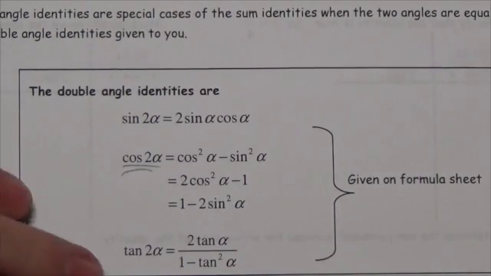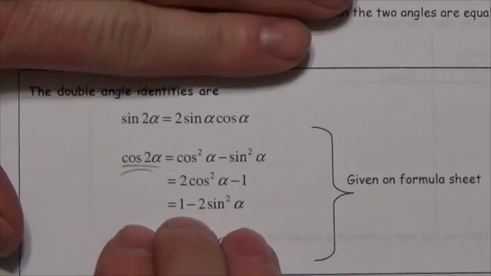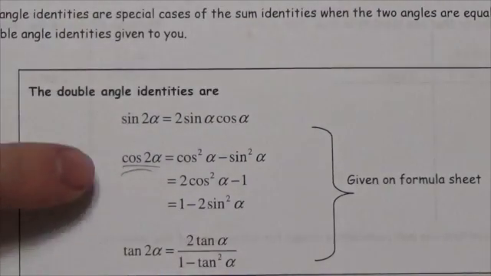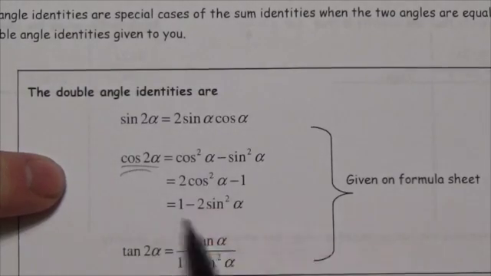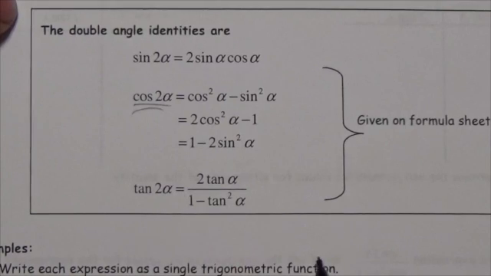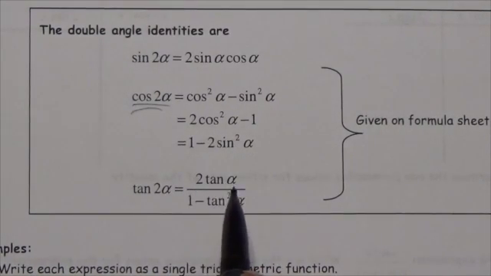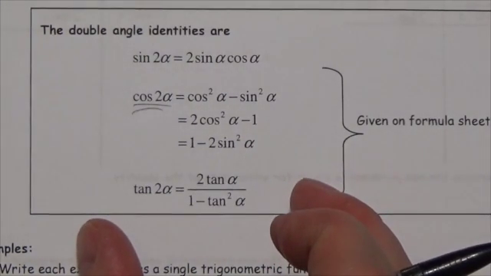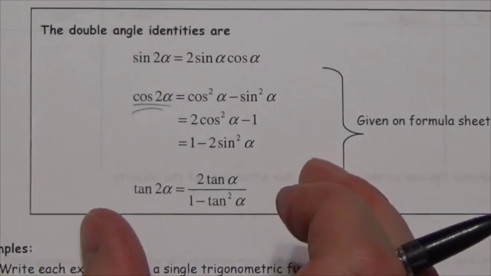By the way, you're going to find as you go through this that these are the identities that we tend to test quite heavily, specifically when we're dealing with equations. Now, here's another one. The tangent of 2 alpha is going to be 2 tangent of alpha over 1 minus the tangent squared of alpha. And again, you can see where that comes from when you look at the sum and difference identities for tangent.